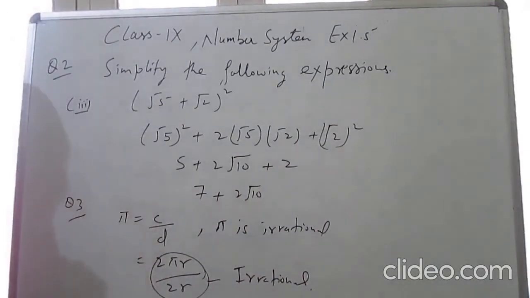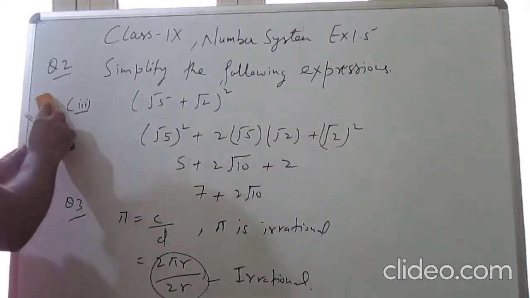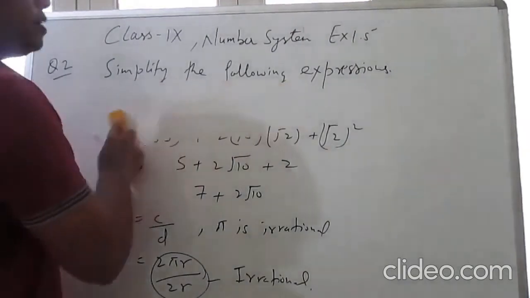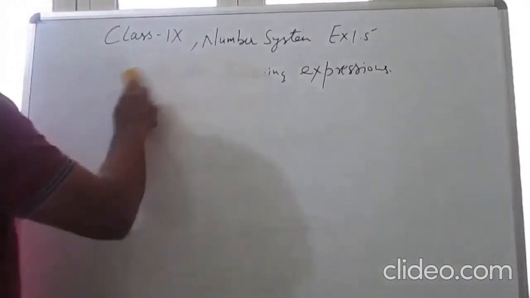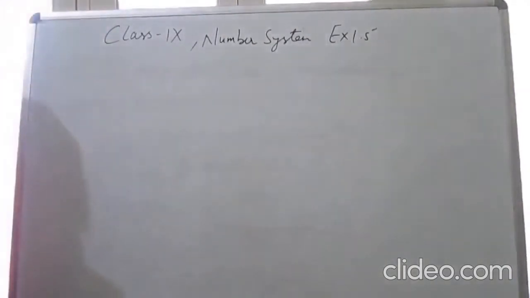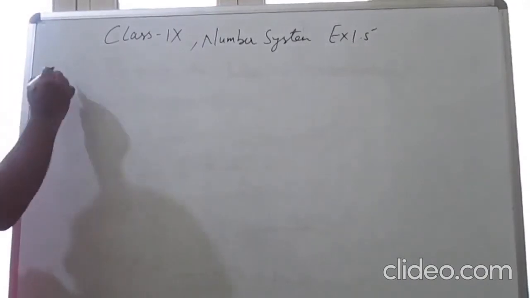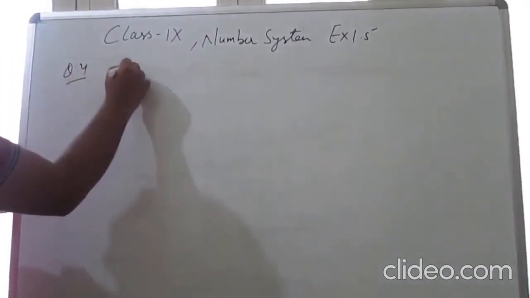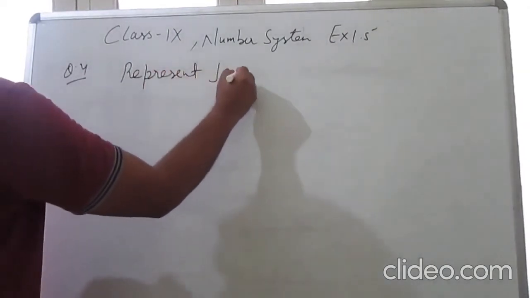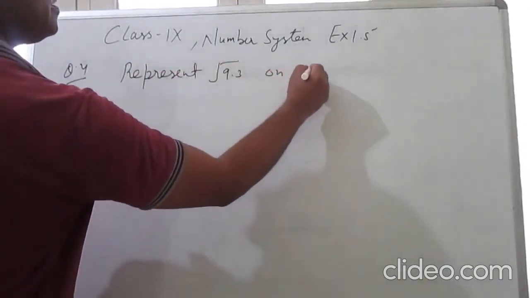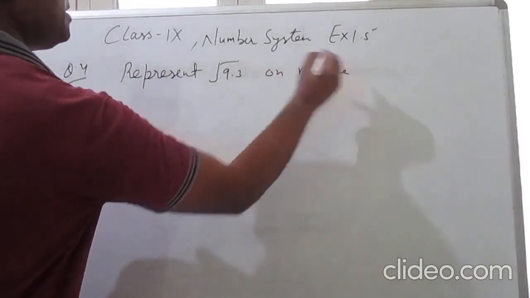Now represent root 9.3 on the number line. Question number 4. Represent root 9.3 on number line.